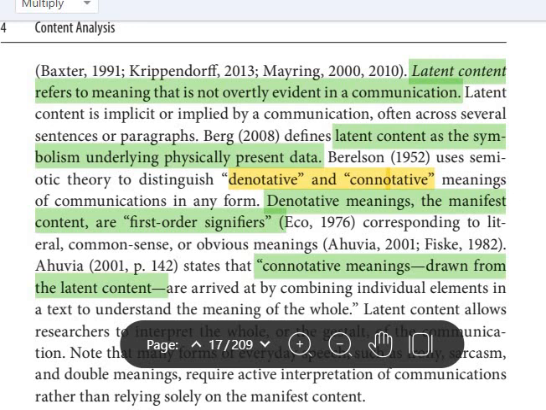So when we say this is a fox, we're talking about an animal, which is a fox. This is the denotative meaning.